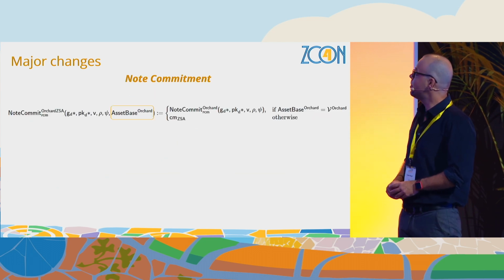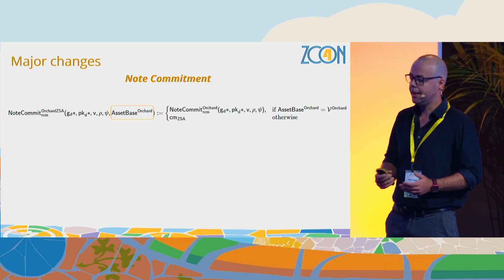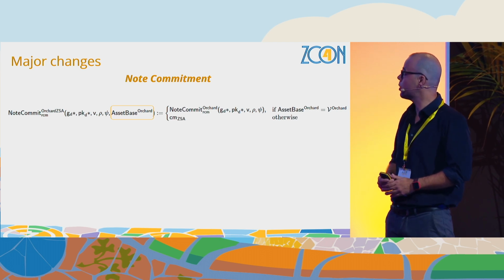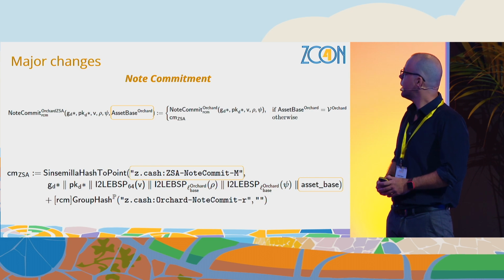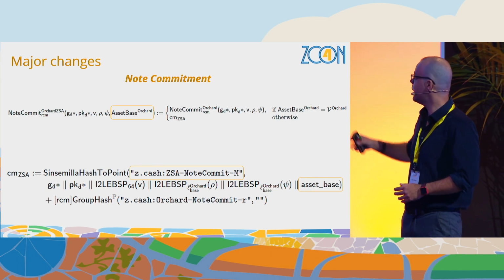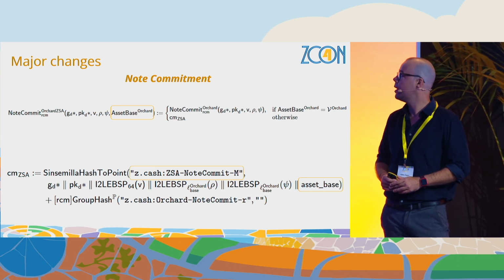For note commitment, if the asset base is native, meaning if we want to transfer native ZEC, the commitment remains the same as with the Orchard protocol. For ZSA notes, we change the personalization, and we concatenate the bit representation of the asset base at the end.